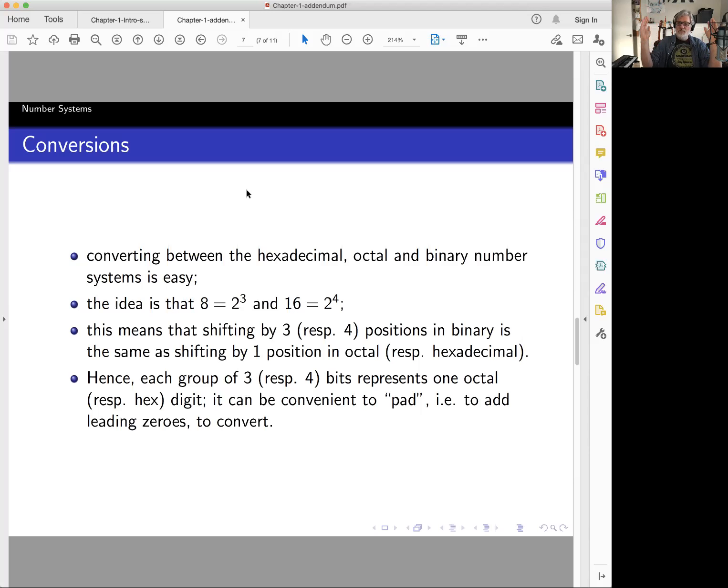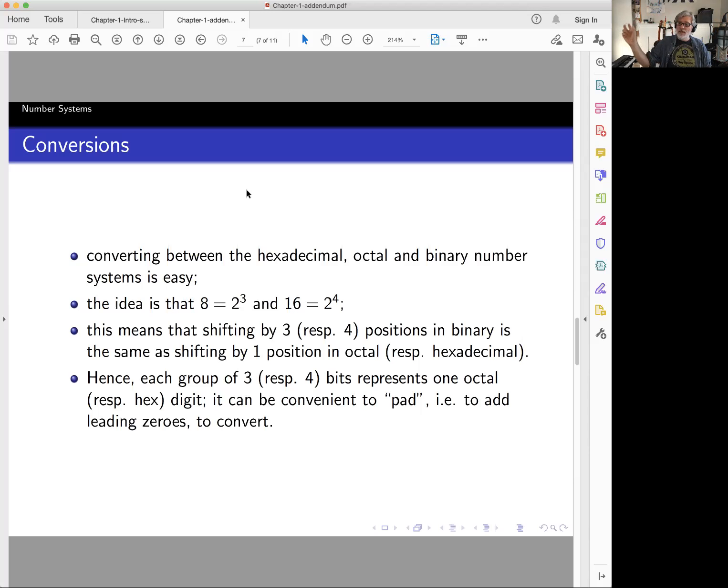And so if you take a binary number and chop it up at every, let's say, 3 bits, when you're looking at the next 3 bits, if you just forget that they've been shifted, you get a number which inside the big sequence of bits is 8 times more. If you shift another 3, it's 8 times 8 times more, and so on, just like octal, right?